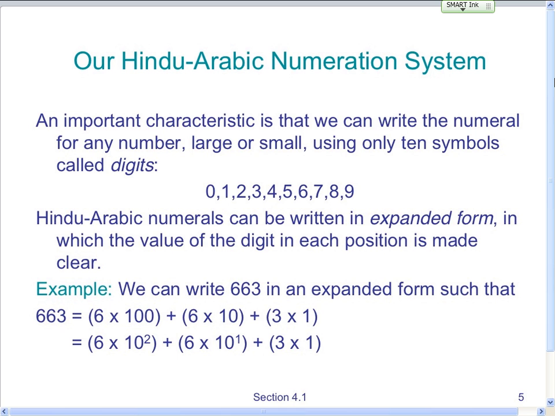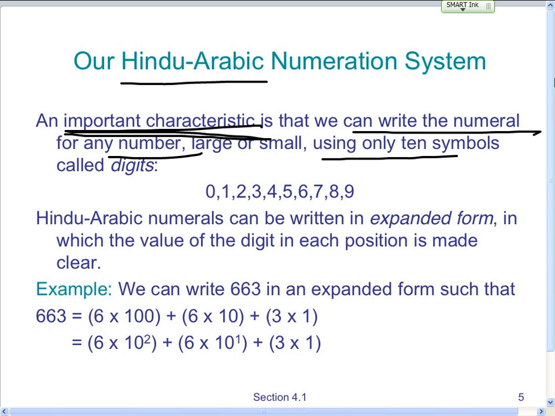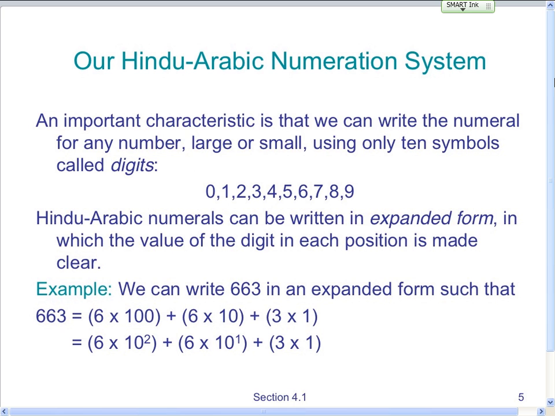When I say Hindu-Arabic, what I'm talking about is regular numbers. Something that's critically important with our number system is that we can represent any number using only 10 symbols, and these are called digits. We'll talk more about this a little bit later.